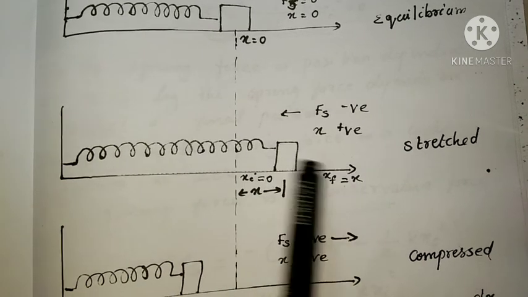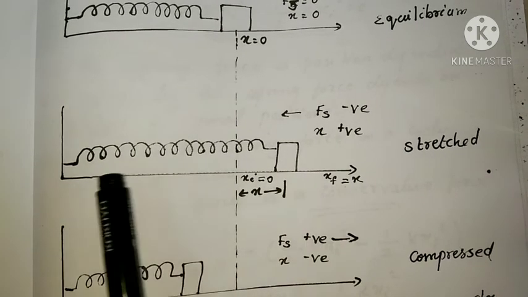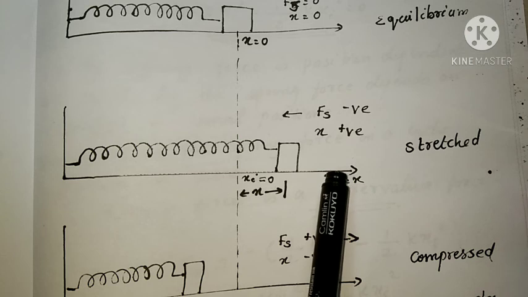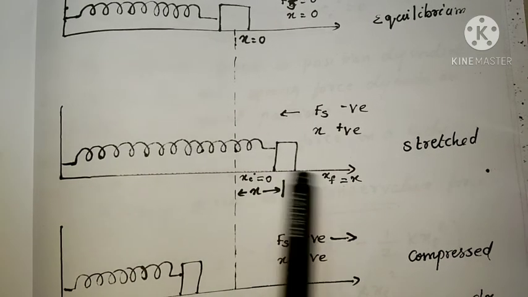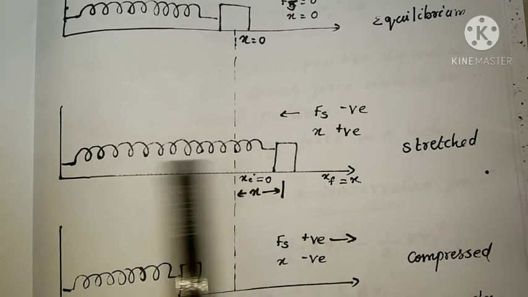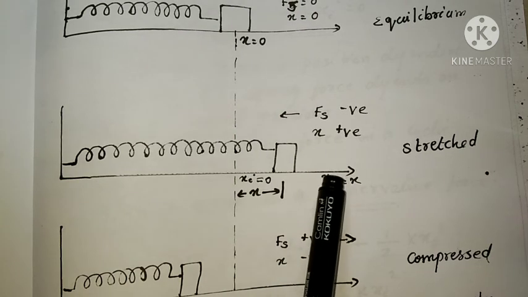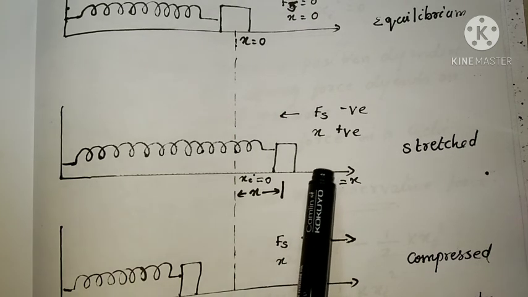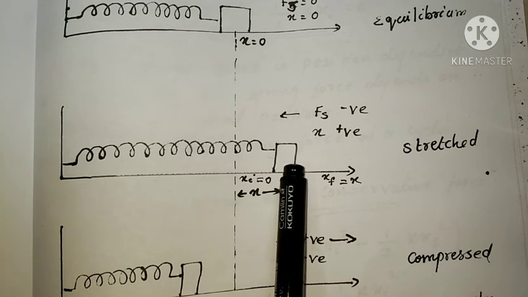In this way, the kinetic energy and the potential energy are interchanged. So we can say that energy is conserved. Clear?